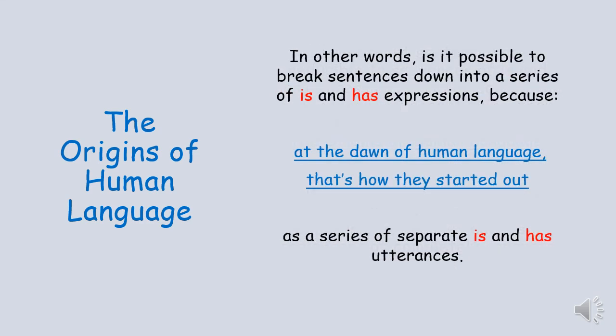In other words, is it now possible to break sentences down into a series of is and has expressions? Because at the dawn of human language, that's exactly how they started out, as a series of separate is and has utterances.